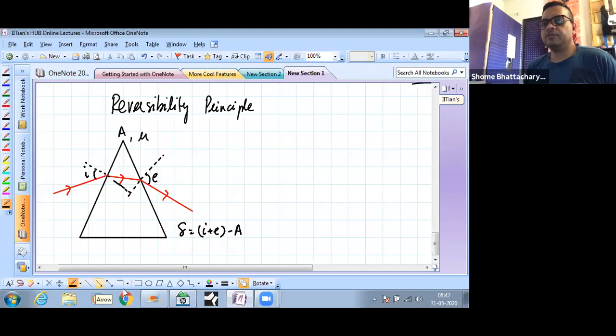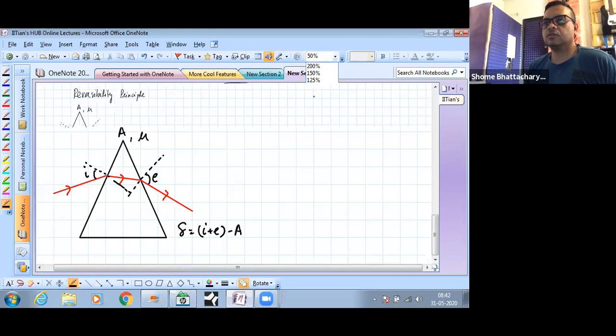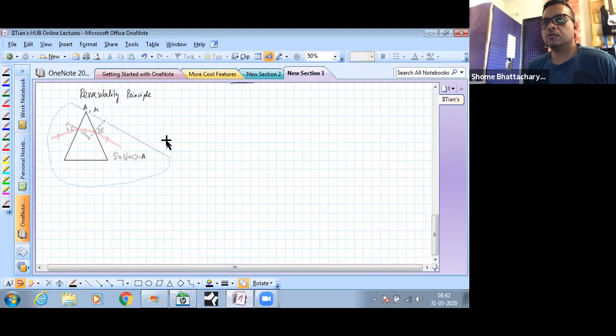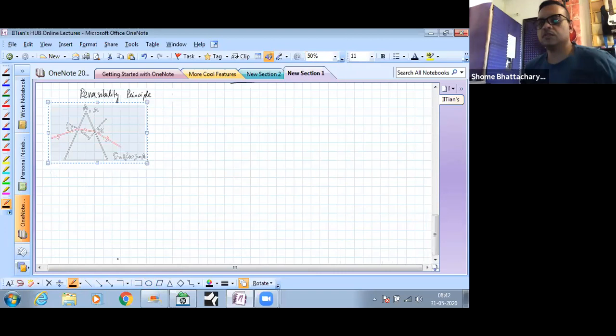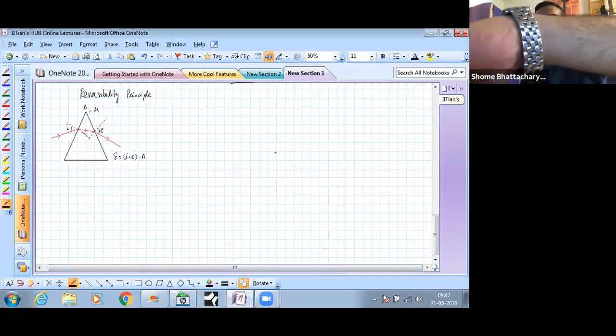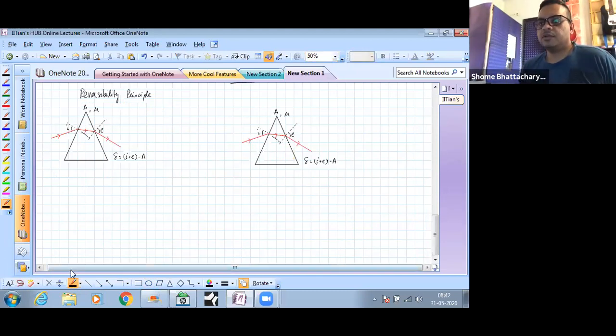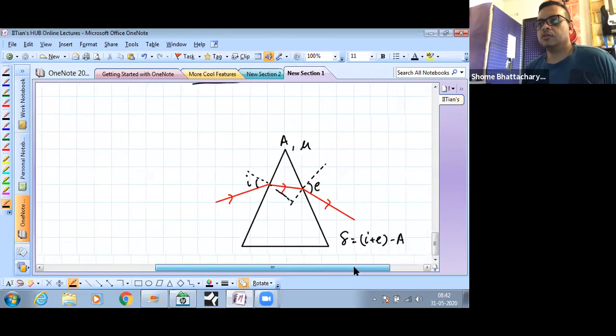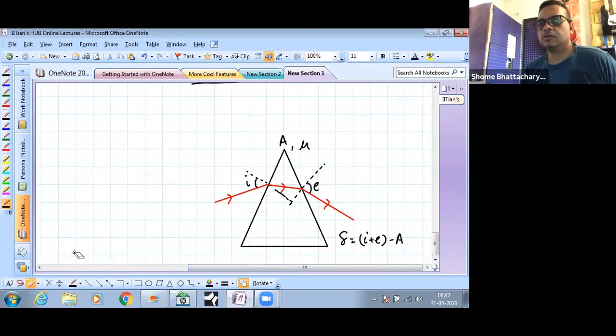Now, if light were to be incident in exactly the opposite manner over here, so that the incident light was this, and this was the refracted light, then here also the angle of deviation will come out to be the same.